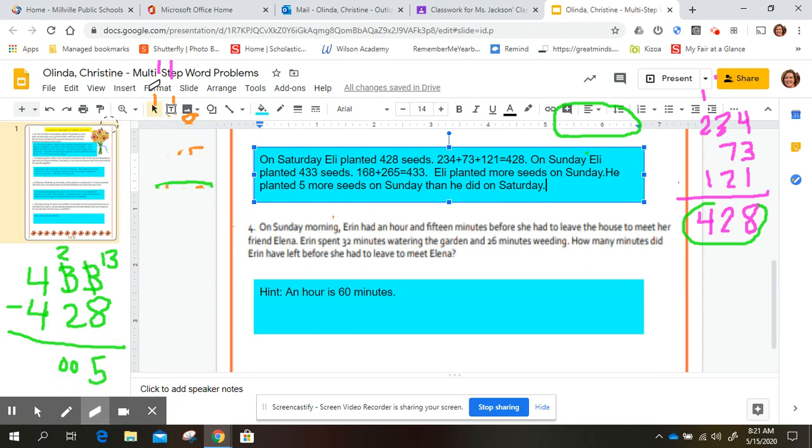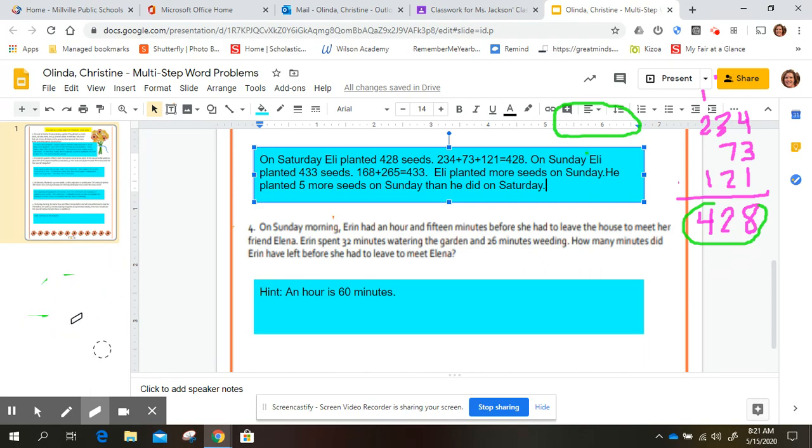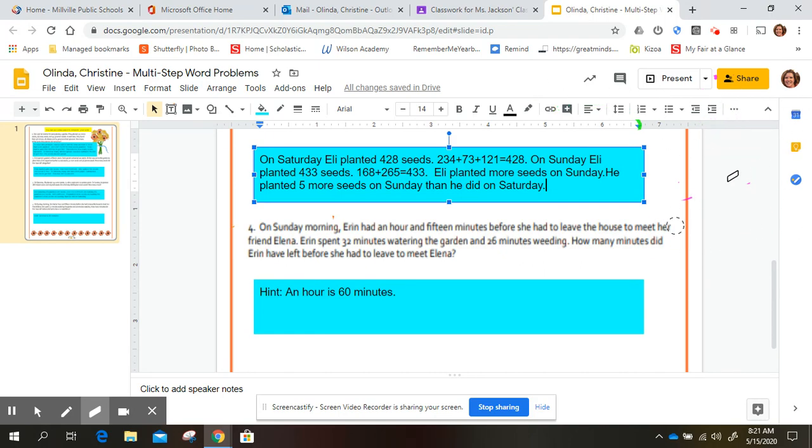On Sunday morning, Erin had an hour and 15 minutes before she had to leave the house to meet her friend Elena. Erin spent 32 minutes watering the garden and 26 minutes weeding. How many minutes did Erin have left before she had to leave to meet Elena? And then Mrs. Jackson gave you a hint that an hour is 60 minutes.